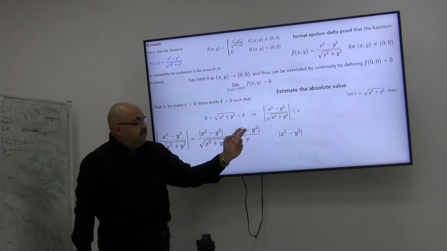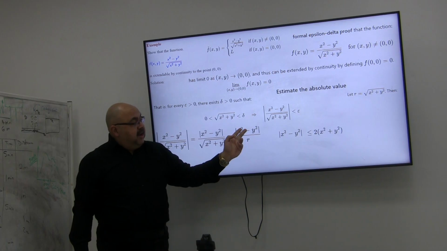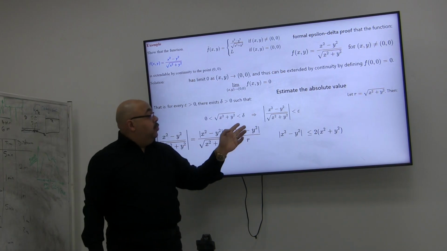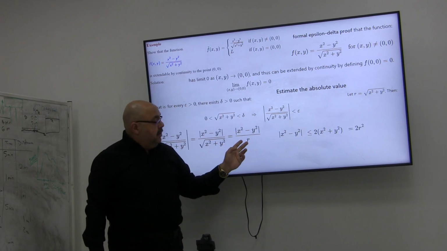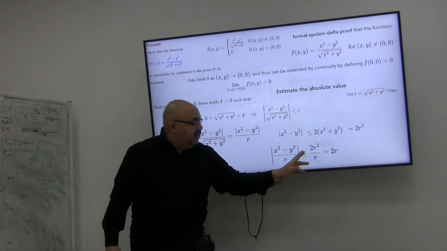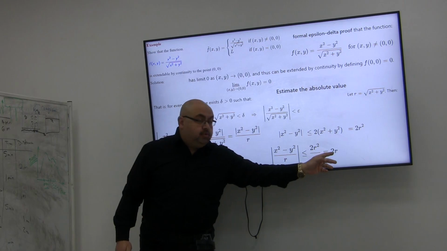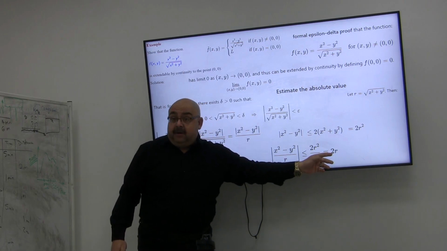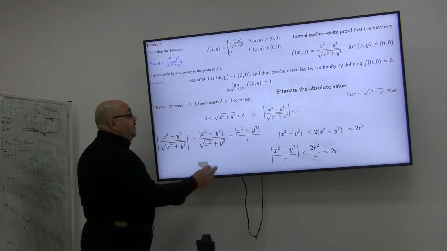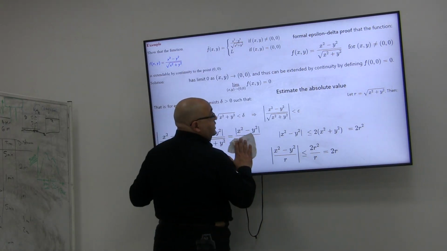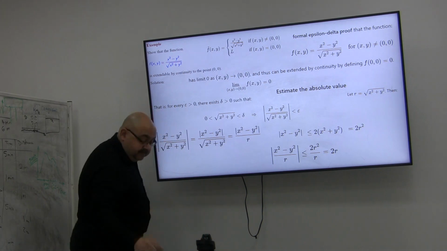And then I can replace this by x squared plus y squared, so I can diminish this value with r, and I can find that this value is equal to 2r. In this manner, if I have epsilon greater than 0, then I can find delta greater than 0 with the same results exactly.